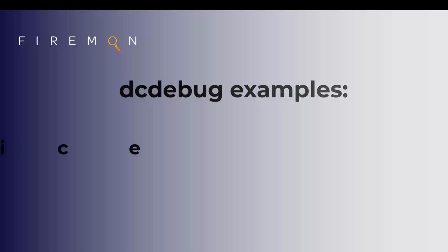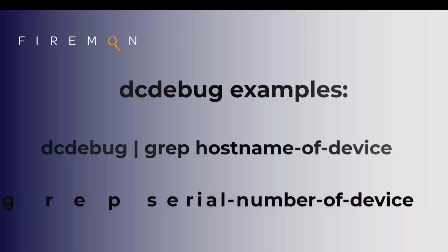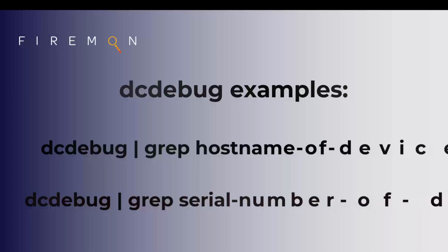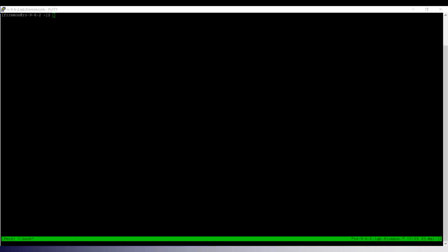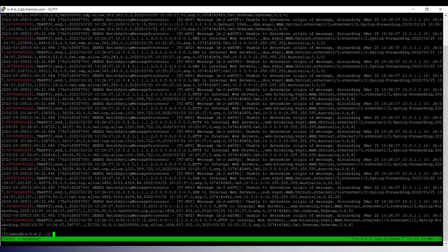An example command would be dcdebug pipe grep hostname of device, or dcdebug pipe grep serial number of device. In this example, we are running it against the serial number of a Palo vSys. We are seeing the traffic come in from the physical firewall's management IP, but because it is not defined as a CSS, FireMon cannot determine the origin of the message.